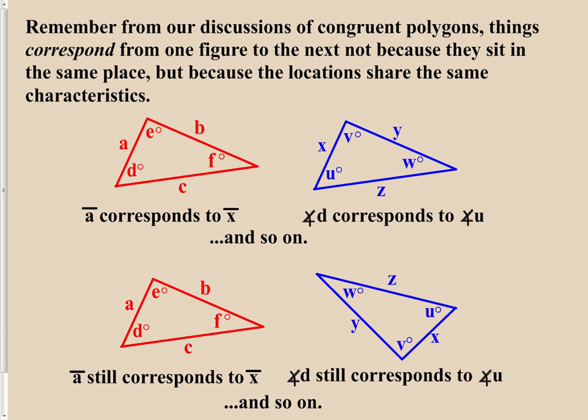That will correspond to the largest side of another figure, wherever it happens to be. Or the smallest angle will correspond to the smallest angle in another figure. Or maybe you have some tick marks or some angle congruency marks that you can reference from one figure to another. That is why things correspond from one figure to another, not because they are sitting in the same place.